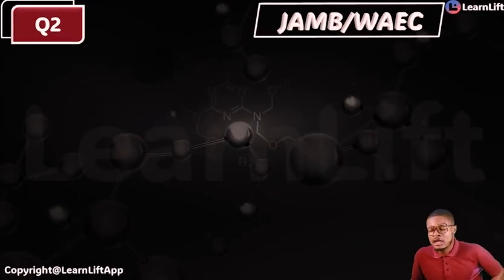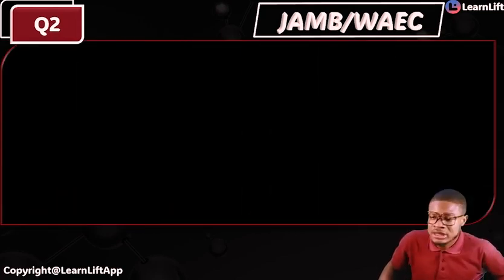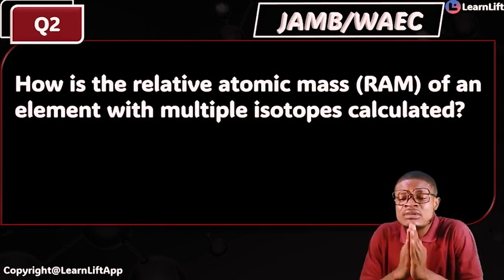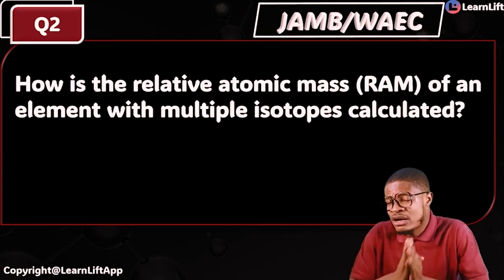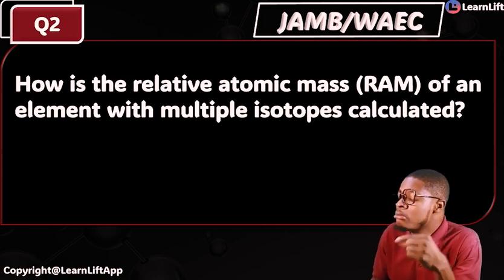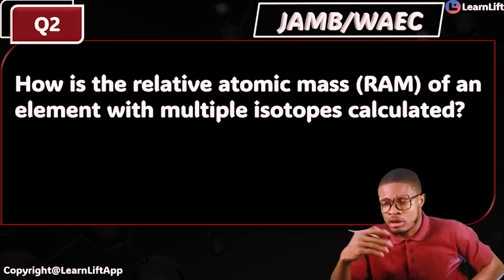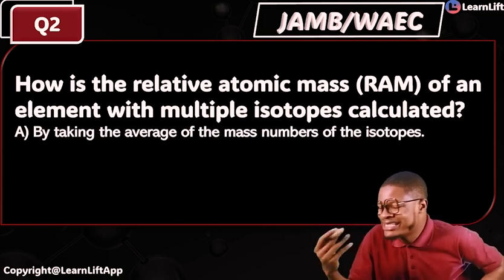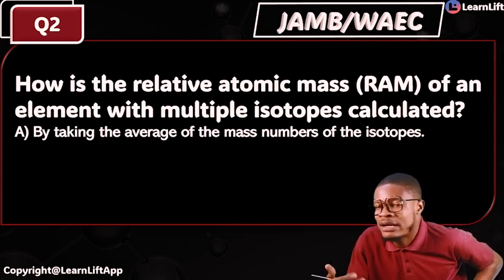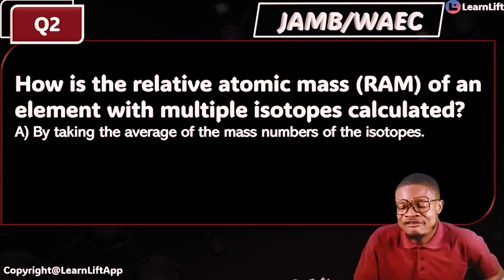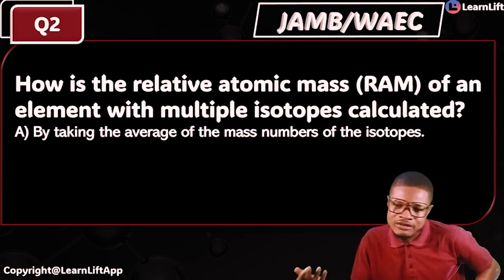And very importantly, look at another powerful question. The exam question here says, how is the relative atomic mass, RAM, of an element with multiple isotopes calculated? How do you calculate it? Option A says by taking the average of the mass number of the isotopes.